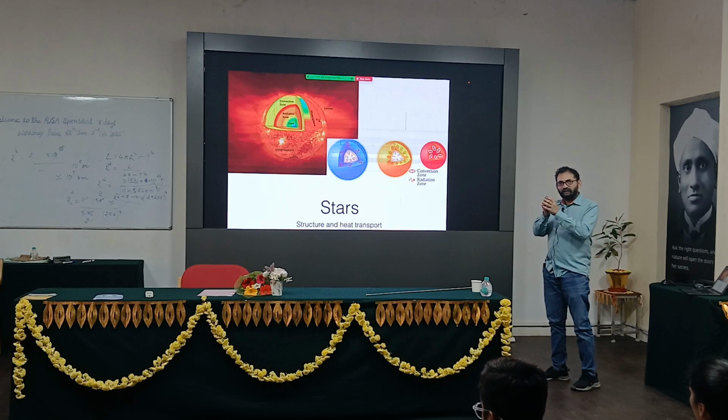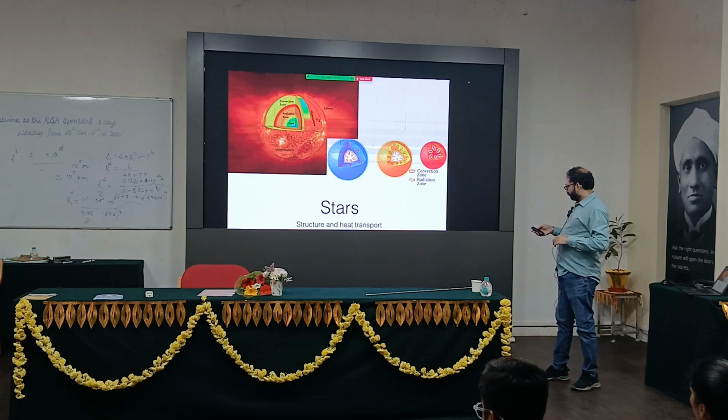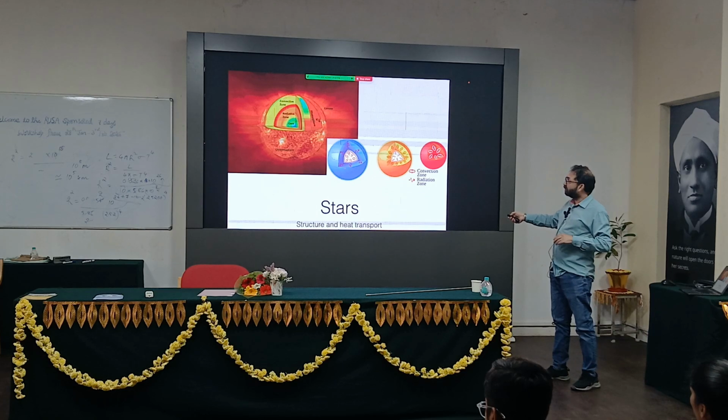It's a very dense material, but the energy will be transported and ultimately reach the surface, which is what we see. This smaller one is fully convective, whereas sun-like stars have both radiative and convective zones, and the heavier masses have a convective core and also a radiative envelope.